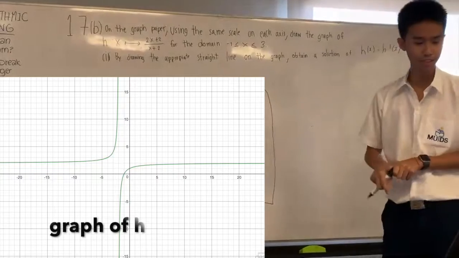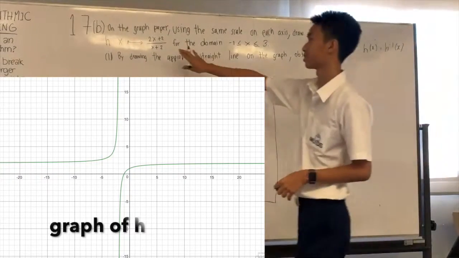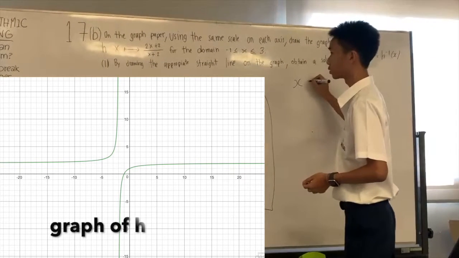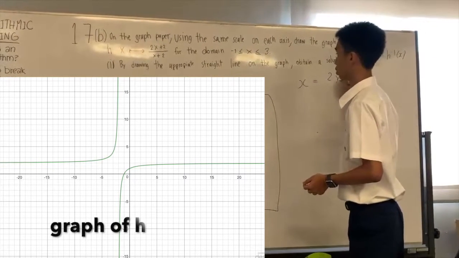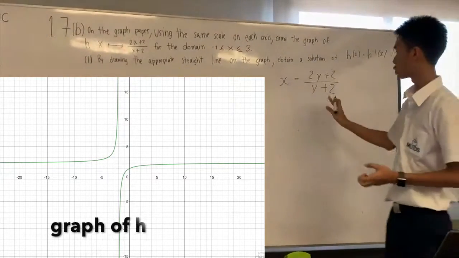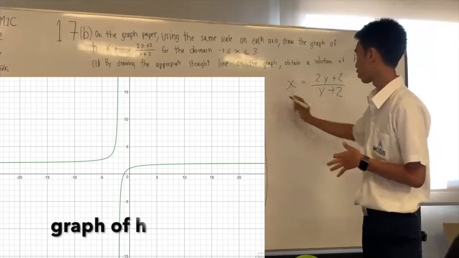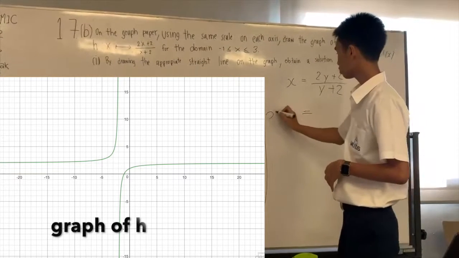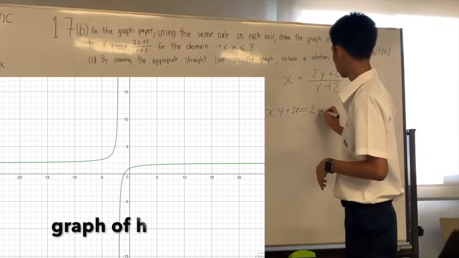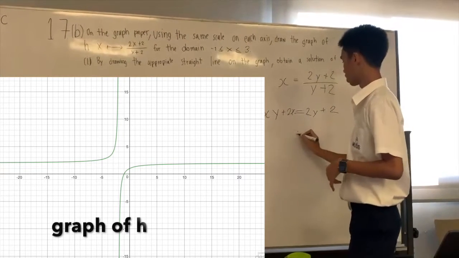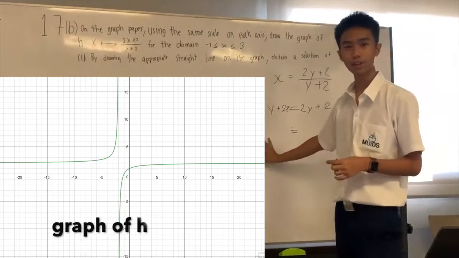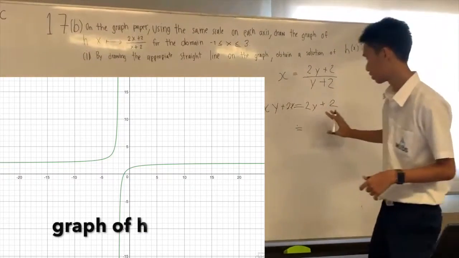The first step of that is to flip the x and the y, which gives you x equals 2y plus 2 over y plus 2. And then you can swap this up right there. Then you can move all the y terms to the left and all the rest to the right side.